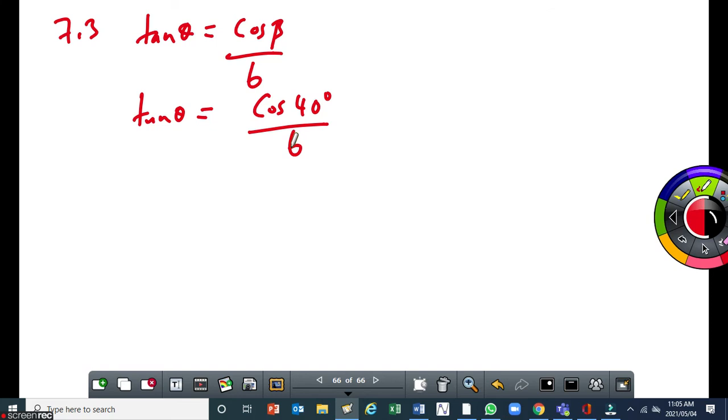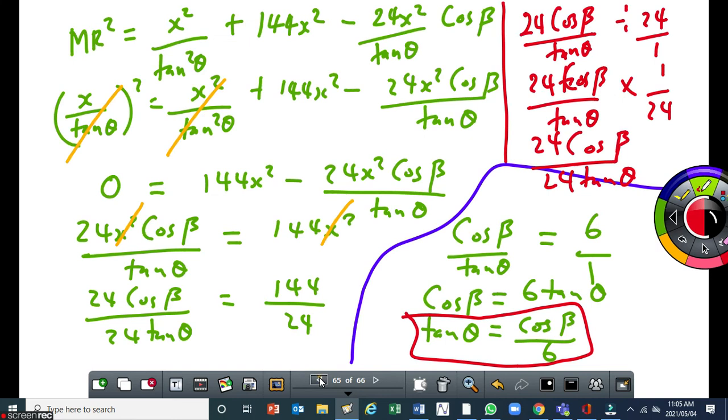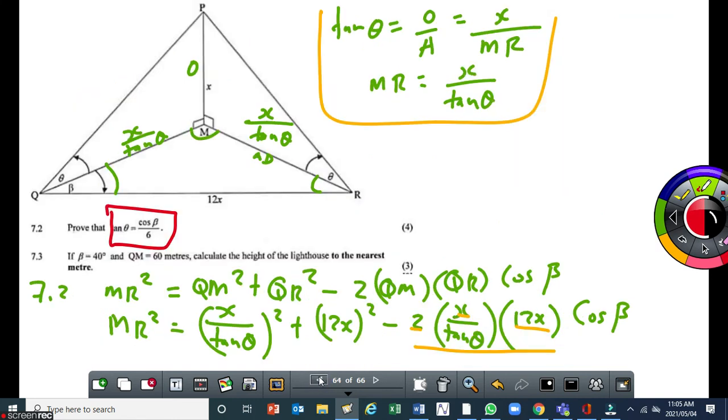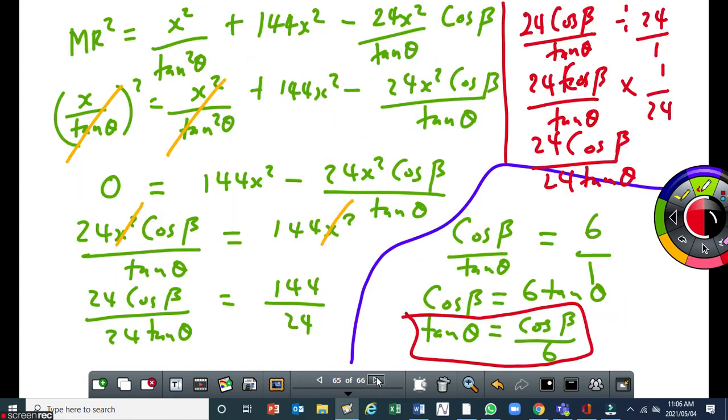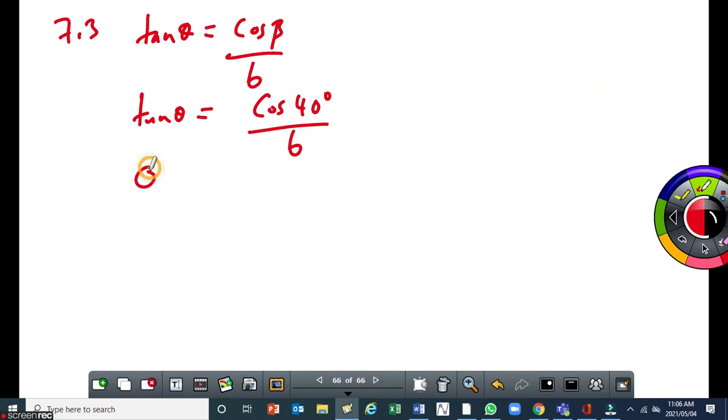I'm going back to my formula in 7.1, QM equal to x over tan theta. Because I need to find x. Don't forget that. So my QM is equal to x over tan theta.